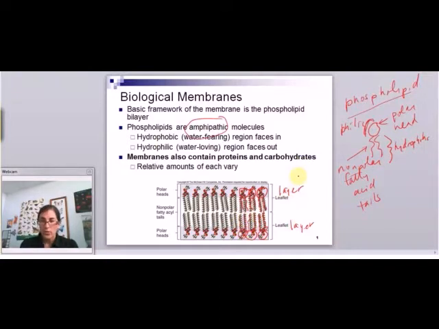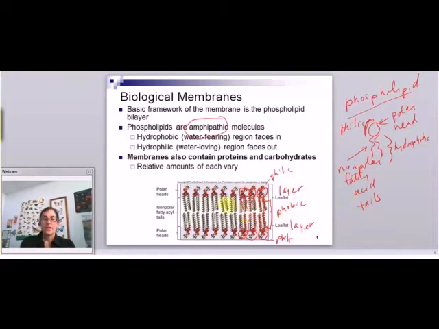And so what you can hopefully see is that this top part is hydrophilic, and this bottom part is also hydrophilic. But on both layers, the fatty acid tails are pointing in, so this whole region is hydrophobic.